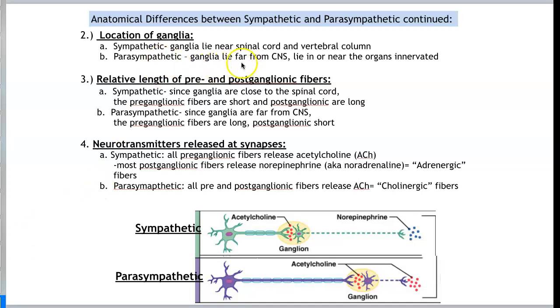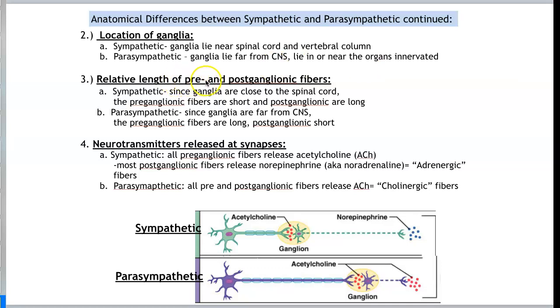Parasympathetic ganglia, they are far from the CNS. They are far, far away. They are lying either near their organs that they innervate, like the terminal ganglia, or they're intramural ganglia, they are within the organs themselves.